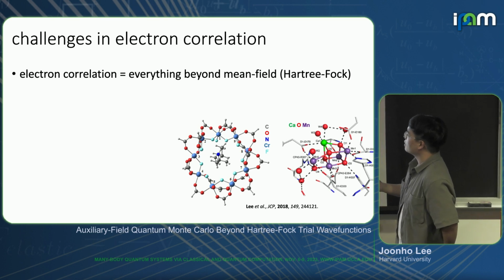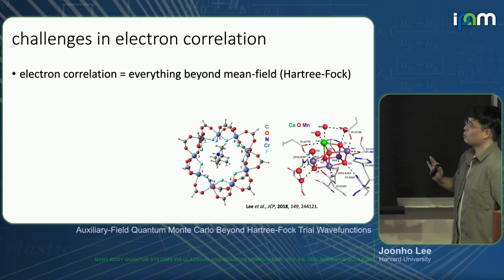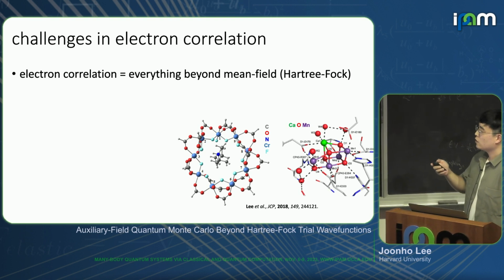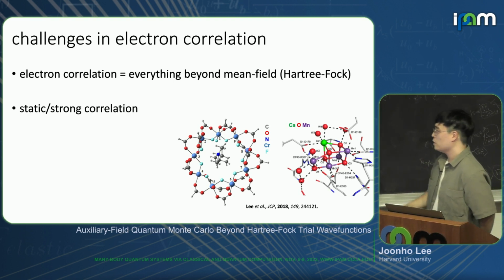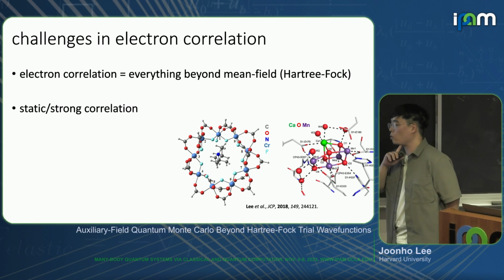This is a molecular magnet and an oxygen evolving complex, some model of it. I shamelessly took these figures from my own paper, but a lot of people study these in quantum chemistry. And why are they interesting from a quantum chemistry point of view? Well, the first thing to consider is static or strong correlation.